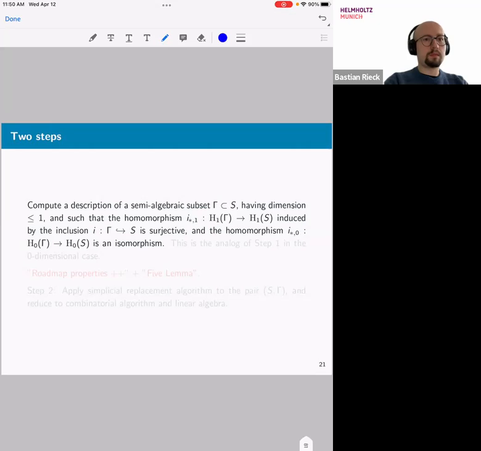So we first compute, instead of a zero-dimensional set of sample points, a one-dimensional subset such that in the first homology, this map is surjective, and it's an isomorphism in H0. So this is analogous to the first step in the zero-dimensional case.